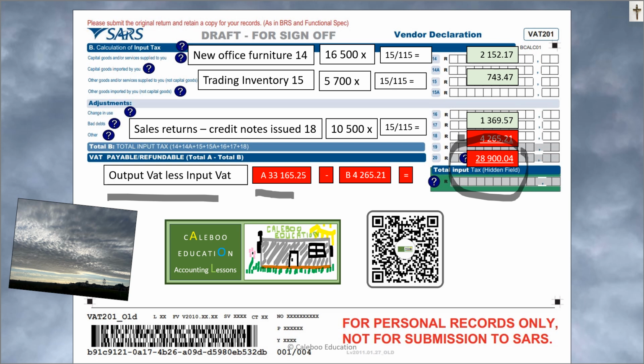And that, ladies and gentlemen, is how you do a VAT return. It's as simple as that. You just need to make sure that you set up your software correctly to record input VAT and output VAT, and then it's quite easy to calculate.